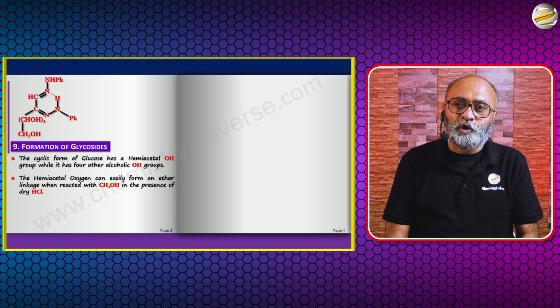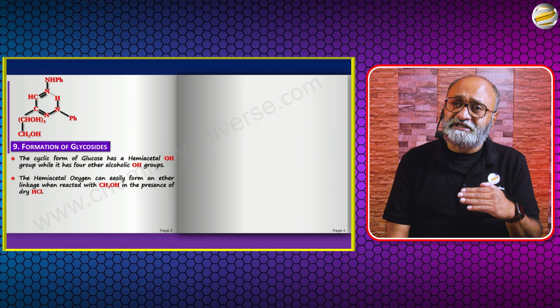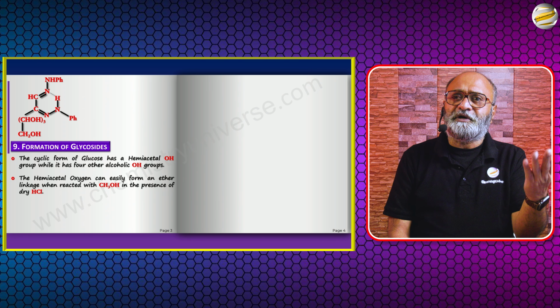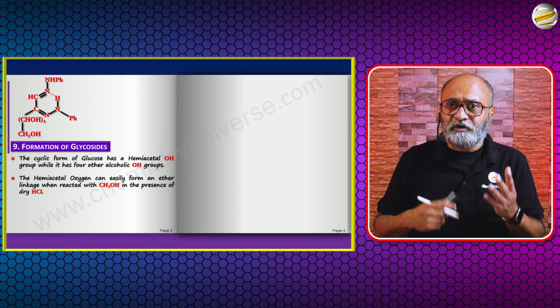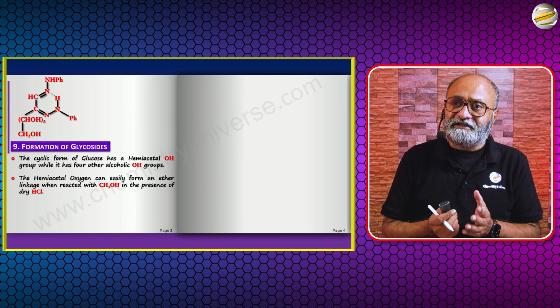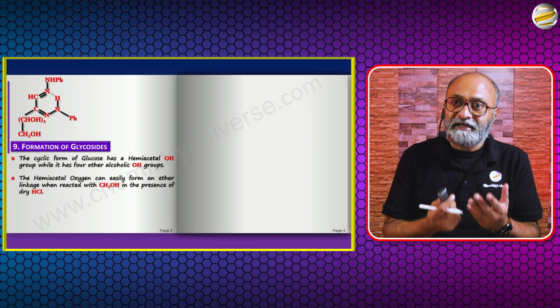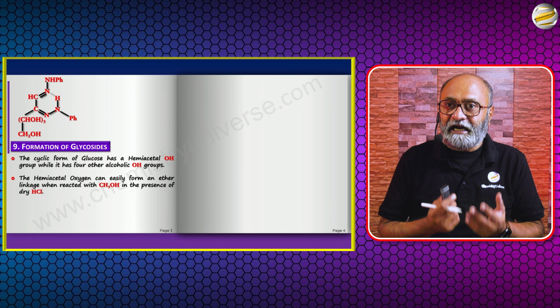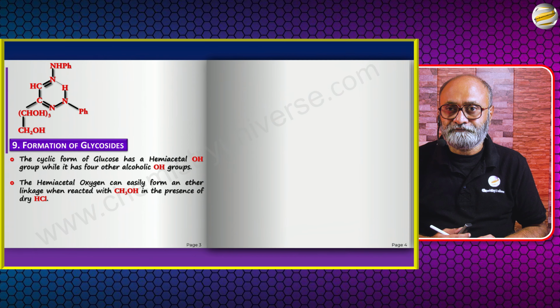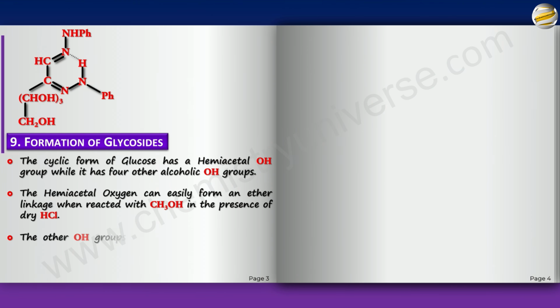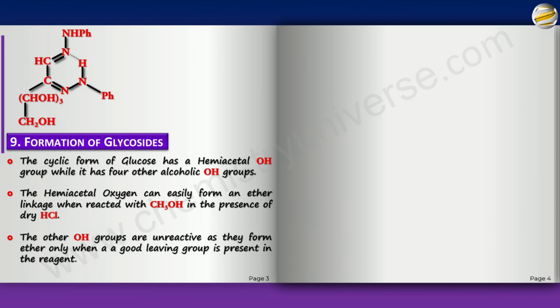So it is that OH which will convert into an ether, not the other OHs which were already in the form of OH in the open chain structure. We only get that OH converting into an ether which is newly formed, the hemiacetal OH. That becomes an ether. The other OH groups are unreactive as they form ether only when a good leaving group is present in the reagent.